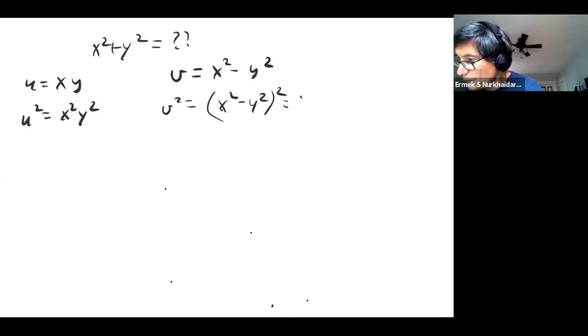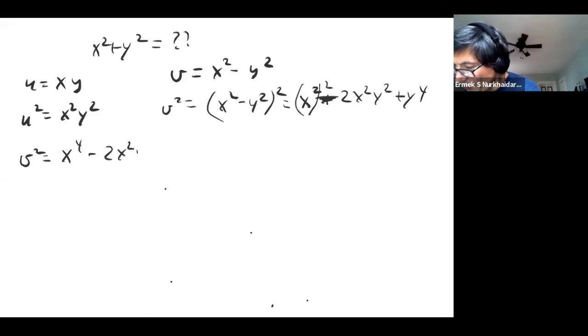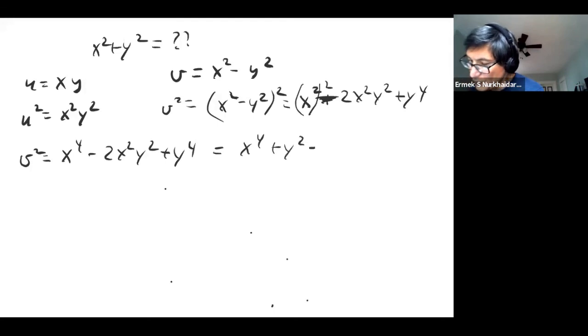What we're going to get is v squared equals x to the fourth minus 2x squared y squared plus y to the fourth. So which equals x to the fourth plus y to the fourth minus, and x squared times y squared is u squared, minus 2u squared.